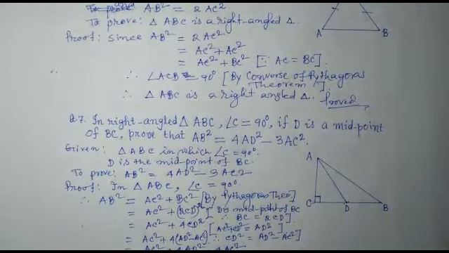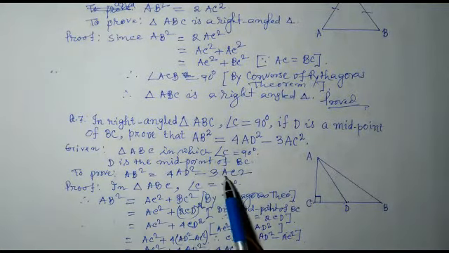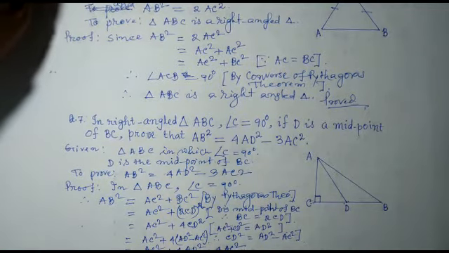So we write first 4 AD square, and then AC square minus 4 AC square. If we subtract 1 AC square minus 4 AC square, it will be minus 3 AC square, and that we need to prove. Look here what we need to prove: AB square equals 4 AD square minus 3 AC square.